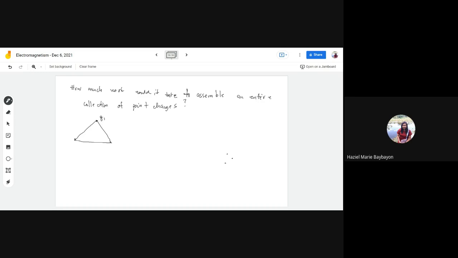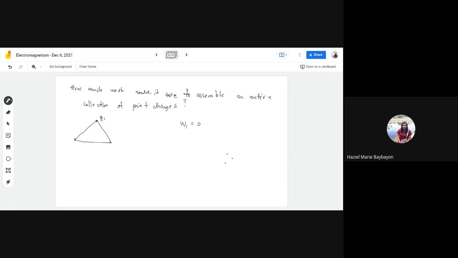So the first charge takes no work, because there is no field yet to fight against. So for Q1, the work done is equal to 0 since there is no field yet.